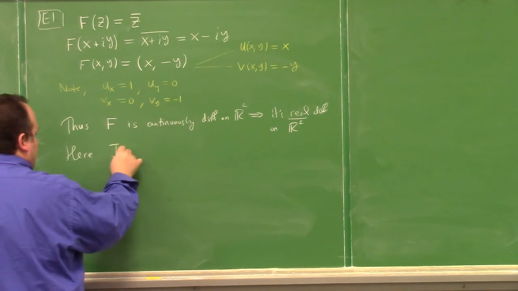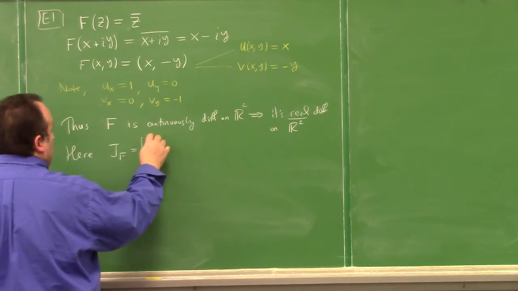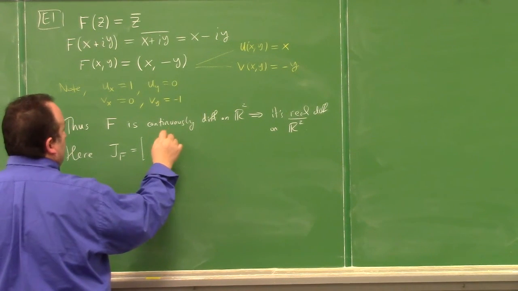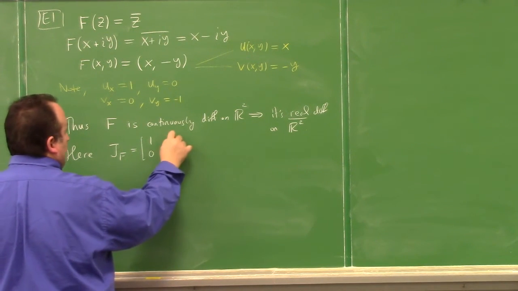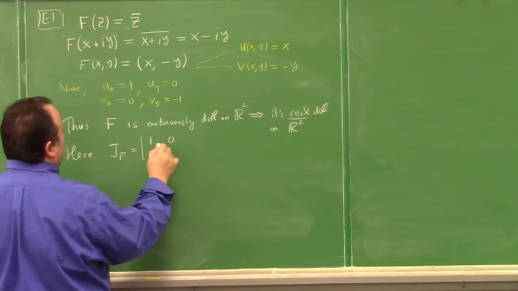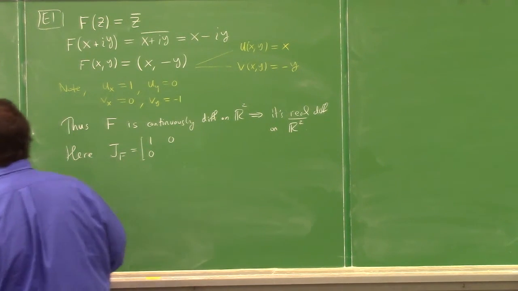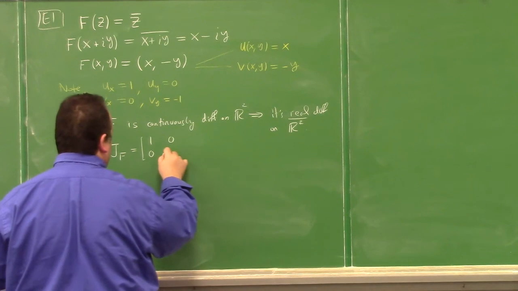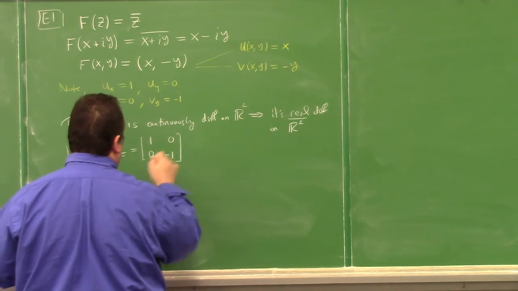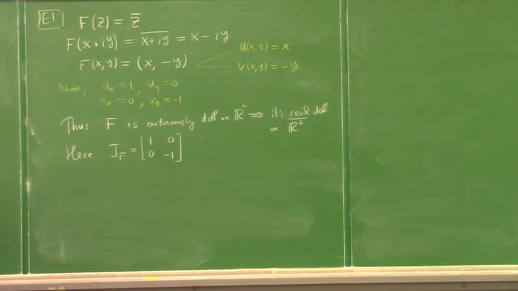The Jacobian of f, remember? So it is 1, 0, 0, oh, excuse me. Yeah, minus 1. 0, minus 1, yeah. All right. Okay. So we need that as kind of a backdrop for the rest of the arguments I'm going to make here, okay?